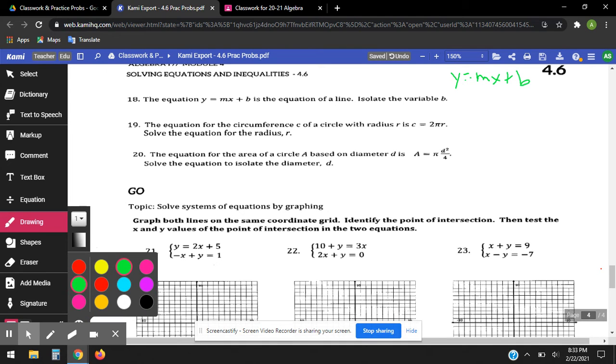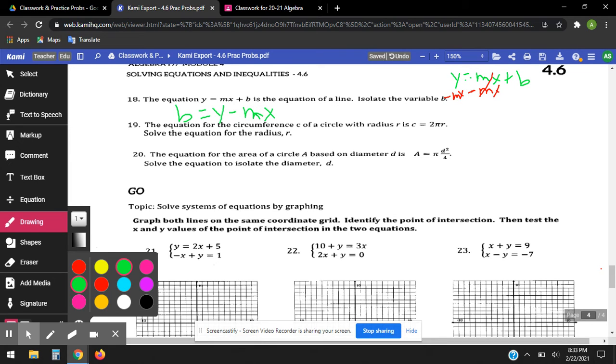There we go. So it's plus b, so we can just minus mx from both sides. So b equals y minus mx.